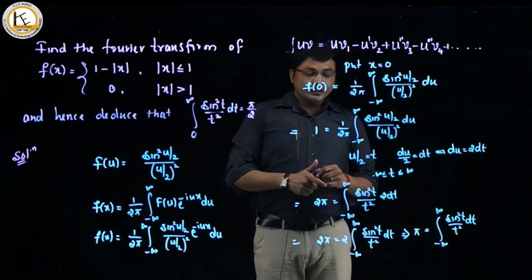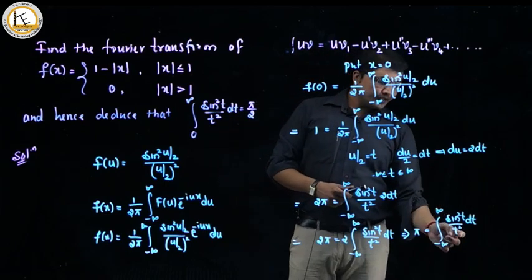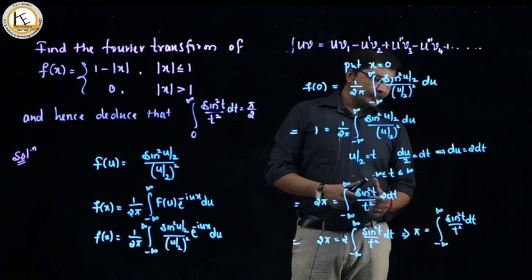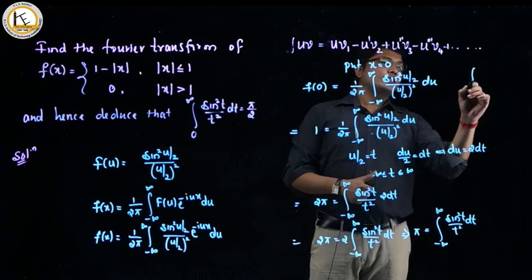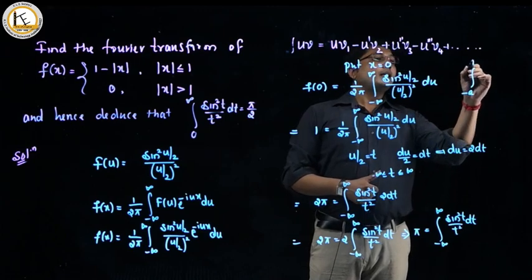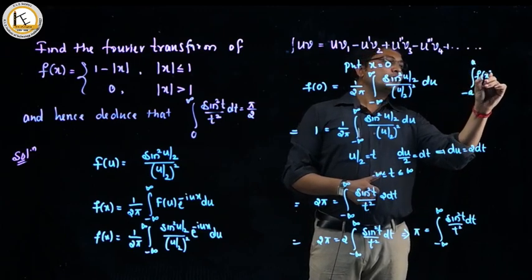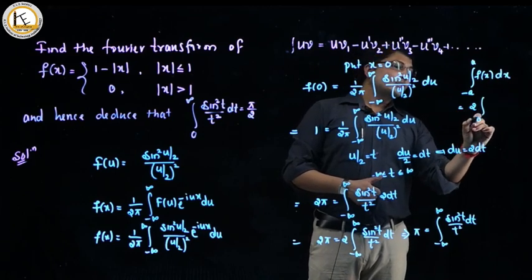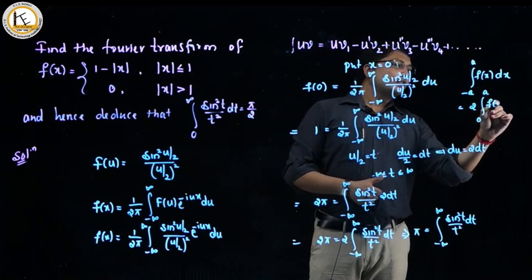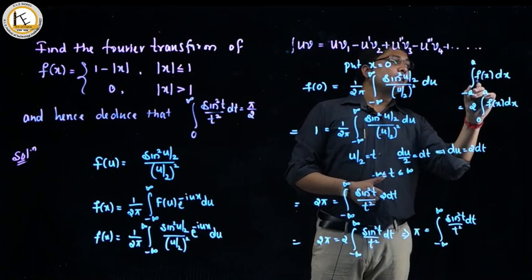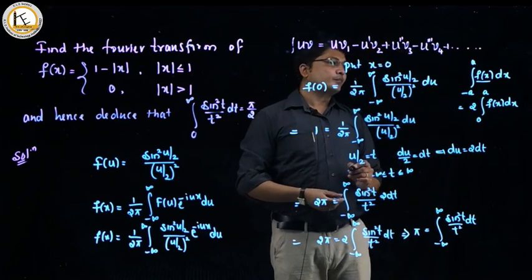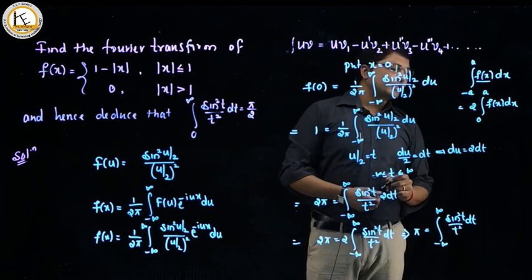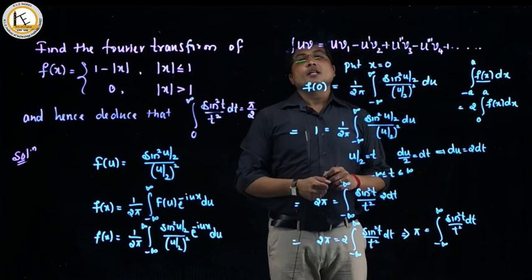Since sine square t by t square is an even function, by the properties of integrals, minus a to plus a f of x dx can be written as 2 times 0 to a f of x dx if f of x is an even function. So minus a to plus a f of x dx can be written as 2 times 0 to a f of x dx if f of x is an even function.